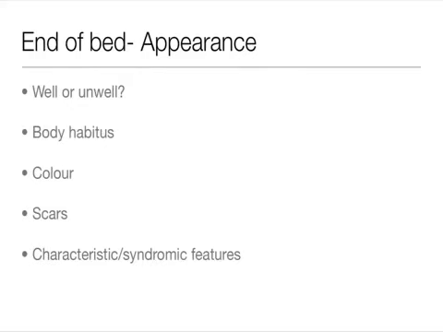So let's start the end of bed examination, and you want to make some general observations about the appearance of the patient. You would have already decided whether you think they're well or unwell, and then move on to have a look at their body habitus. Obesity is associated with heart disease, as is type 2 diabetes mellitus, which is more common in the obese patient.